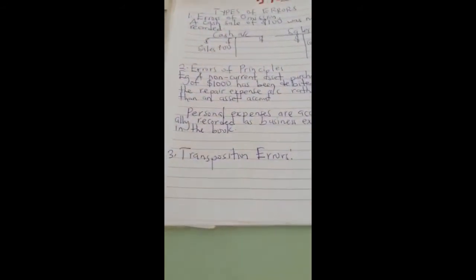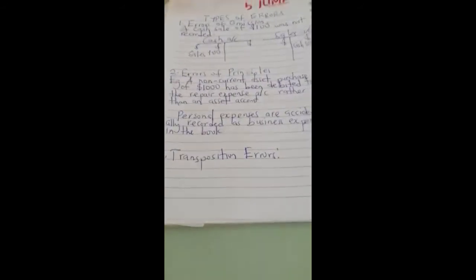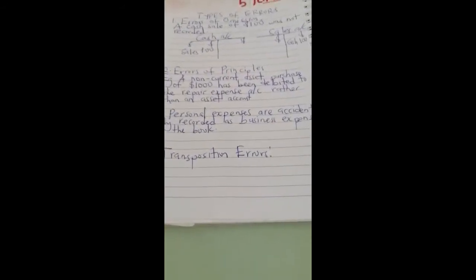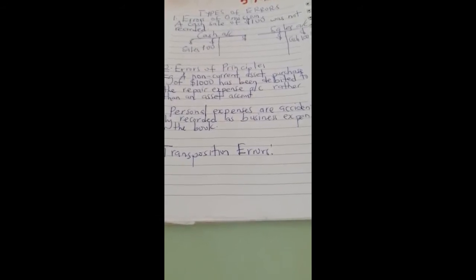Another type of error is transposition errors. In other books, we call it error of original entry. So when you see transposition errors or error of original entry, you shouldn't be confused. This is when two digits are reversed or transposed.